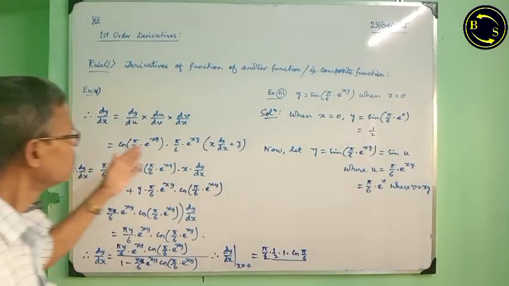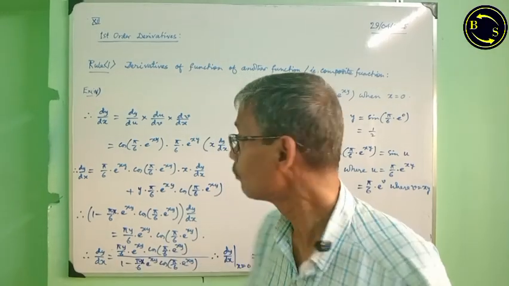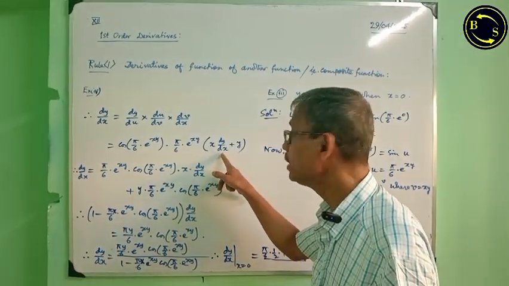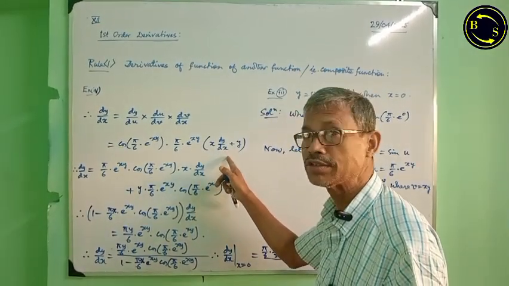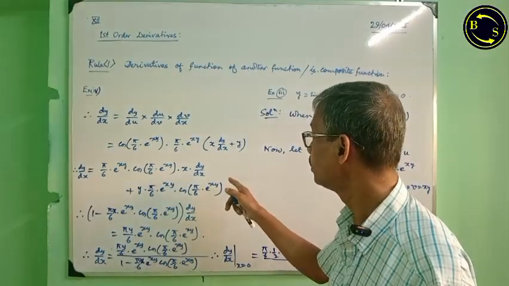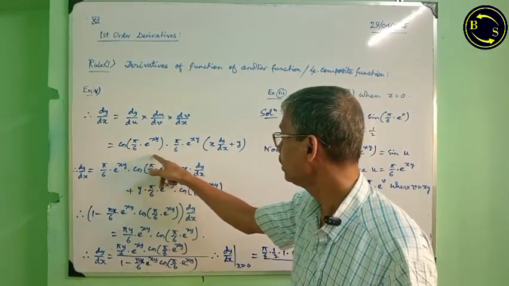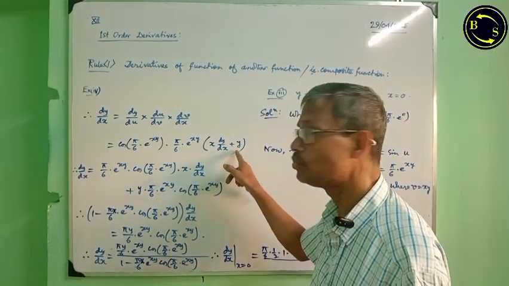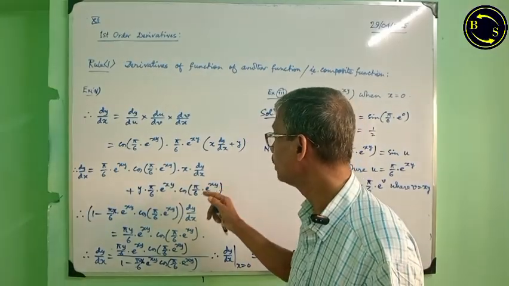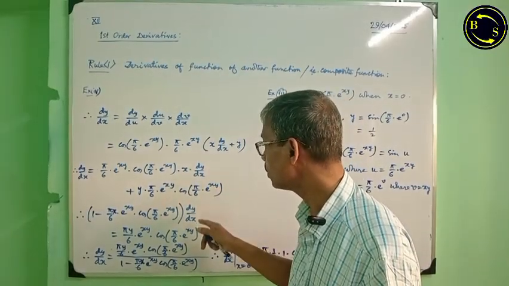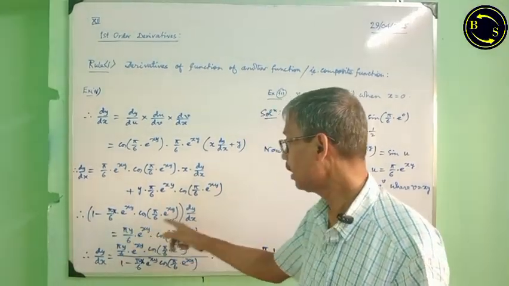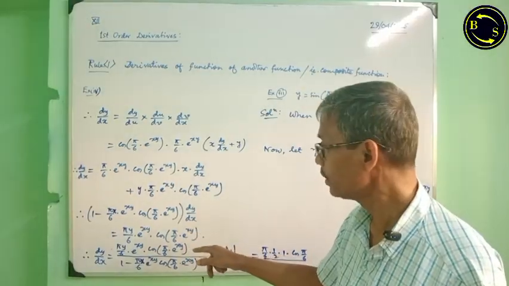Now I found dy by dx is also on the right side. For that I first multiply this expression with each of these two terms, then take dy by dx terms on the left side. I have skipped one step.